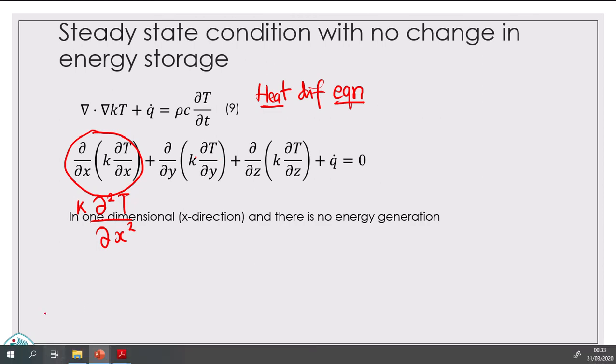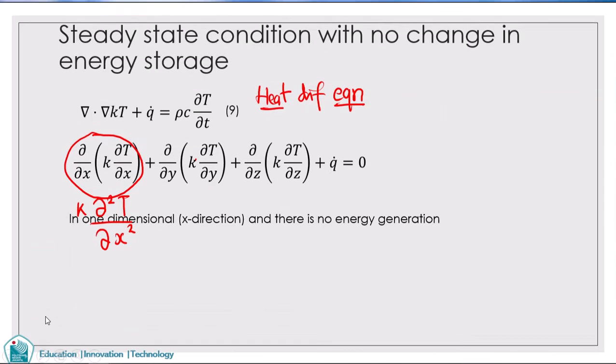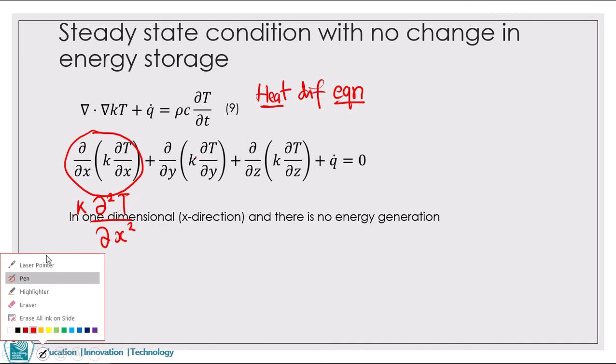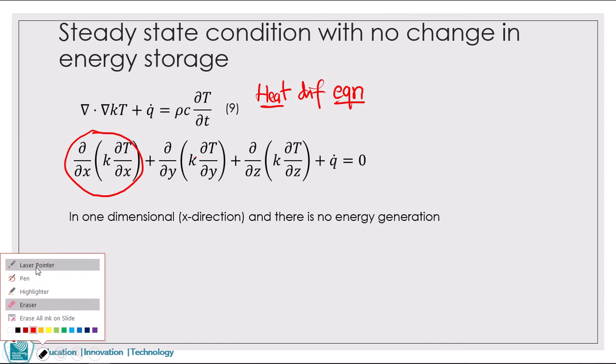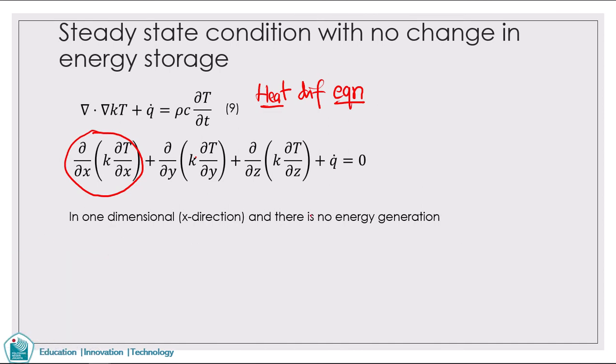Sorry, I will erase this one again. So in the one-dimensional x direction, there is no energy generation. So we only take care of one-dimensional, and this is a special case, no energy generation.